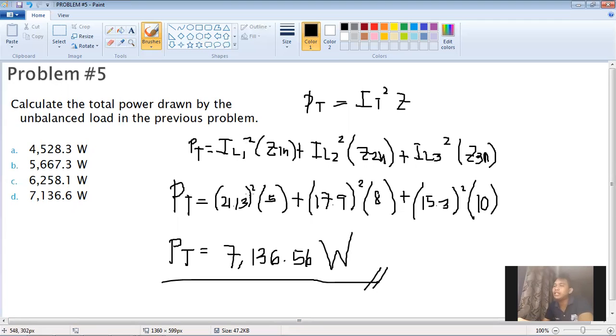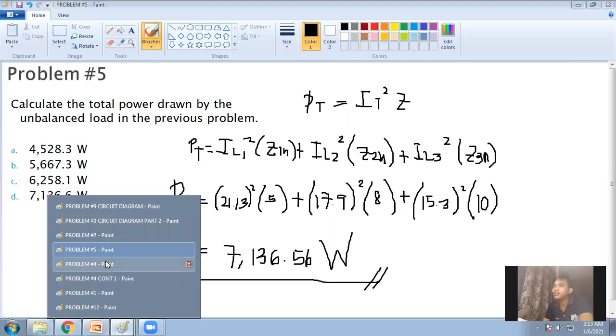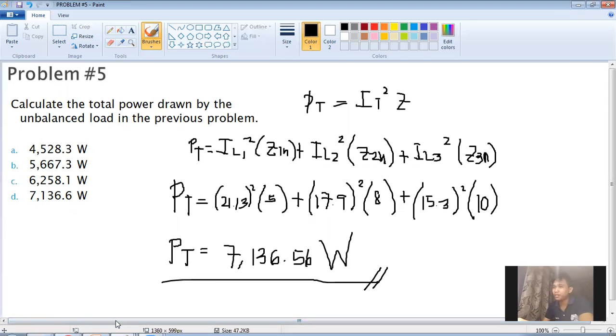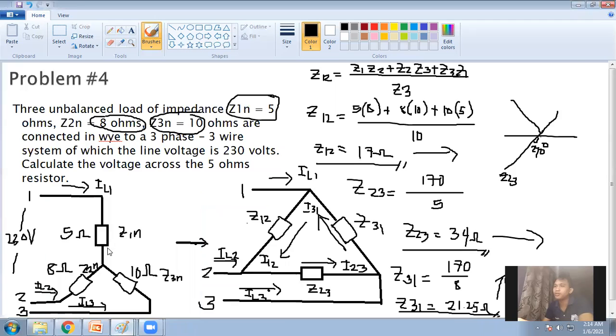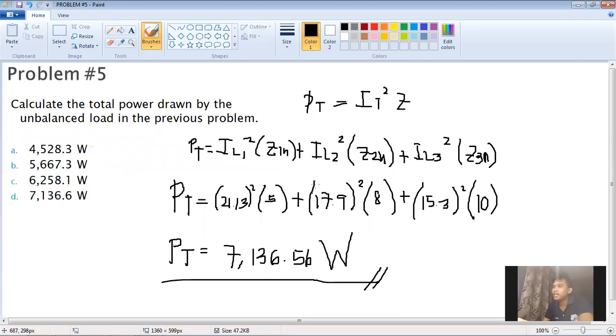So 21.13 squared times 5, our Z1N in the problem, which is 5, 8, and 10, plus our IL2, 17.9 squared times 8, plus 15.3 squared times 10, which is our Z3N.